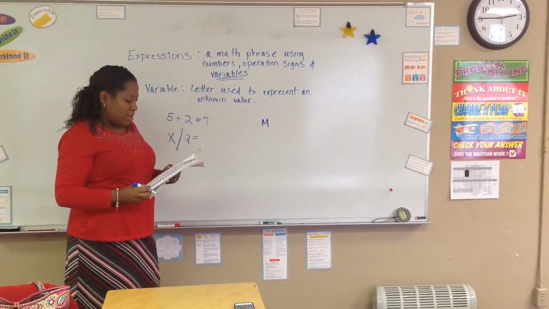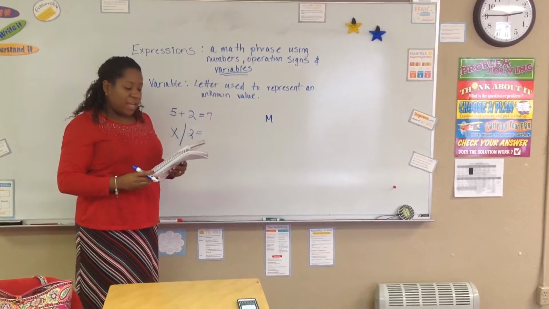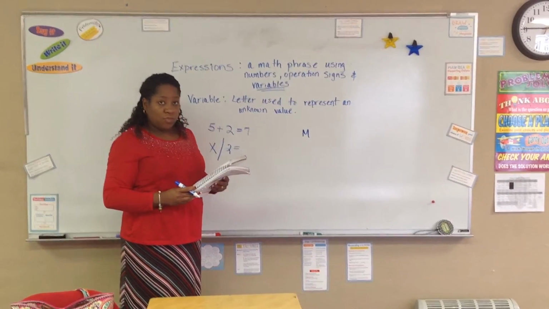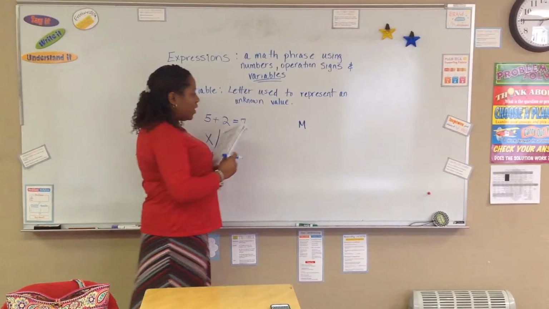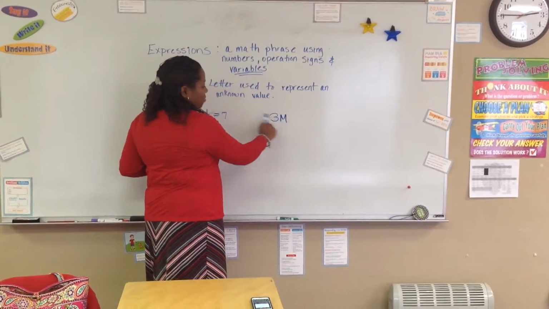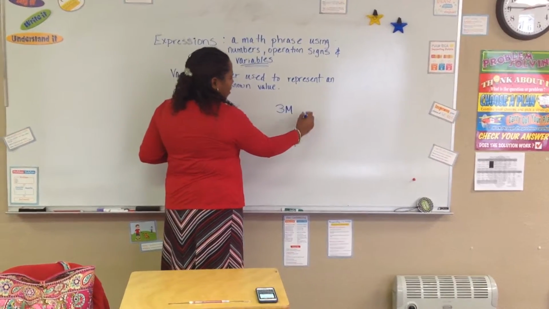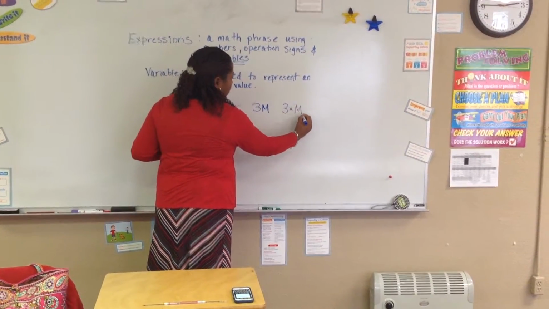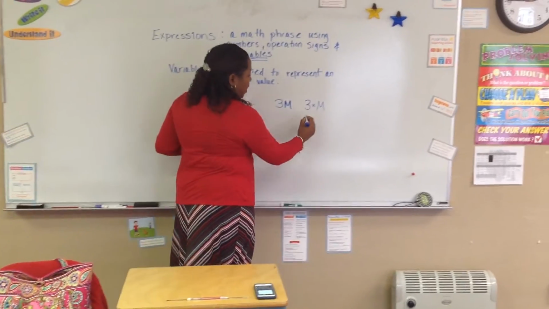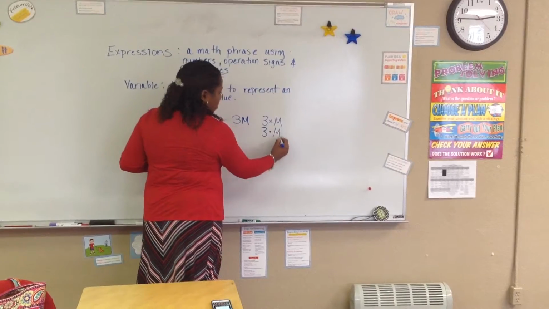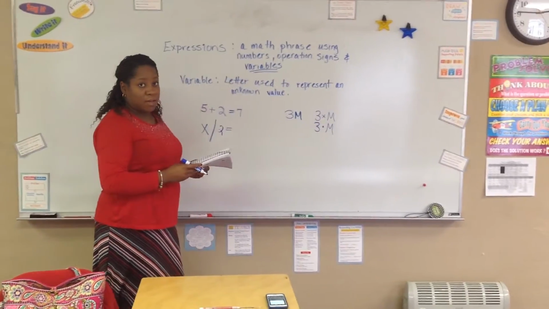And then it says, the trail guide led 3 times more hikers in the afternoon than in the morning. So we have to put 3 times what went in the morning, which is 3M, or 3 times M. You can also see this written as 3 with a little dot and M. All of those mean times.